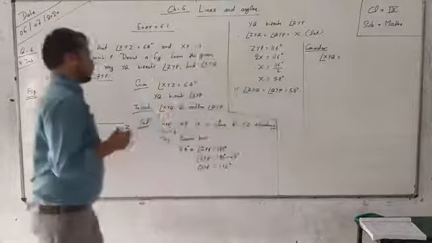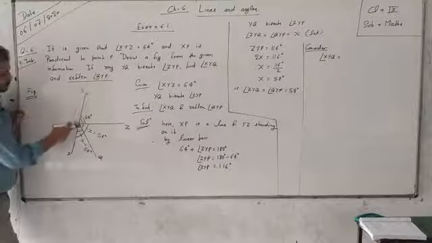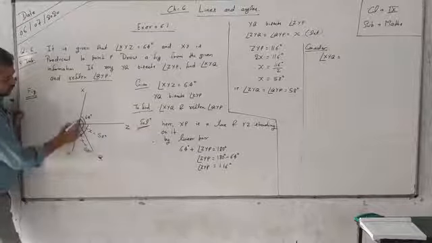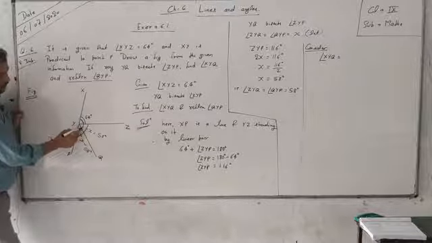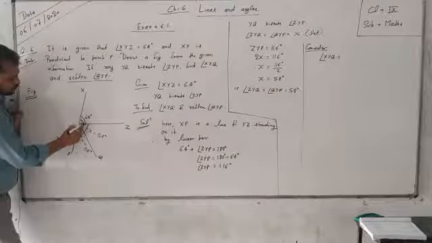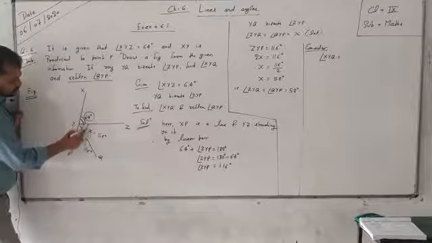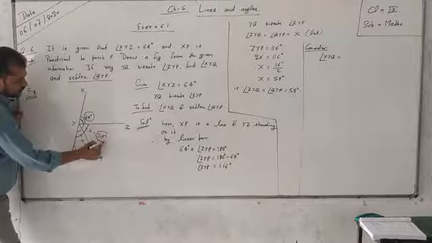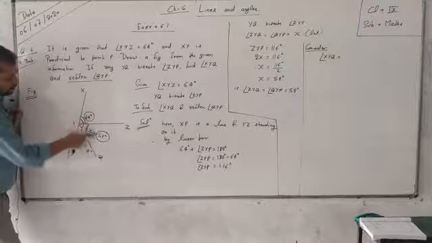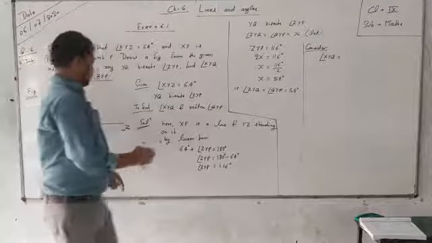Look into the figure. Where is angle XYQ? Angle XYQ means from here to here. From here to here there are two angles. First is this one whose measurement is 64 degrees, and second is this one whose measurement is 58 degrees. When we sum these two angles, we will get angle XYQ.